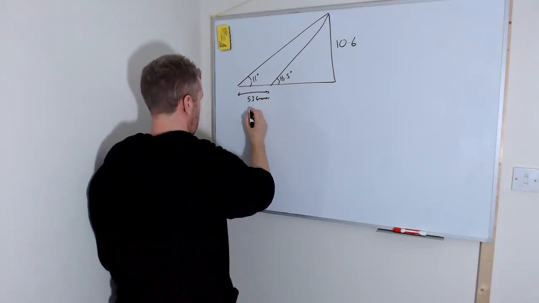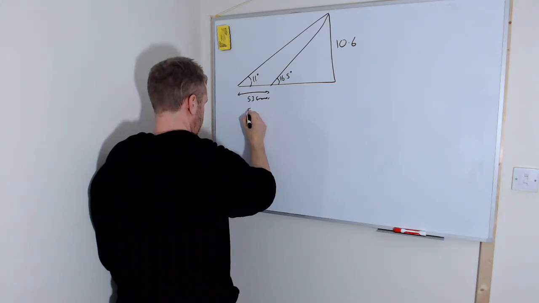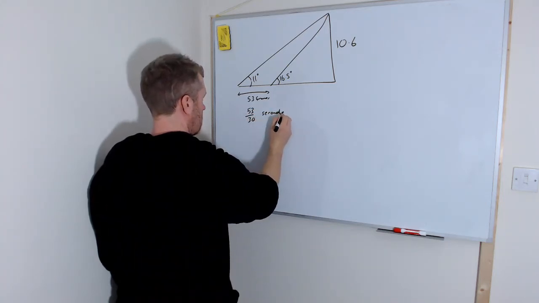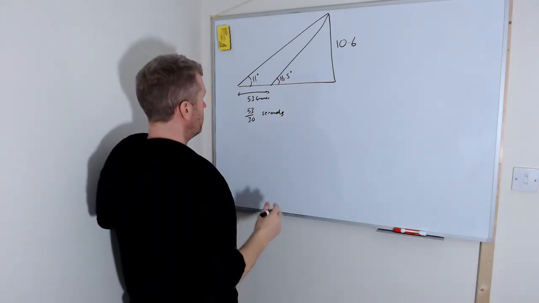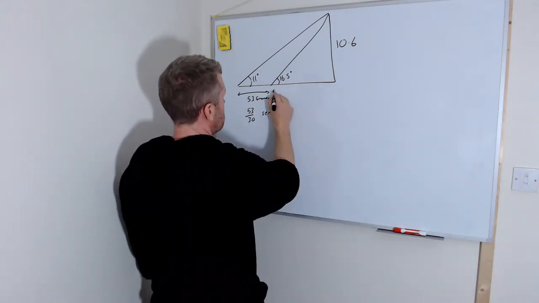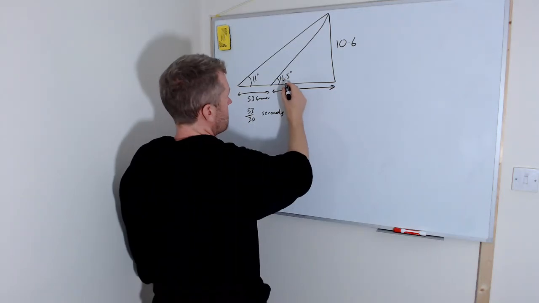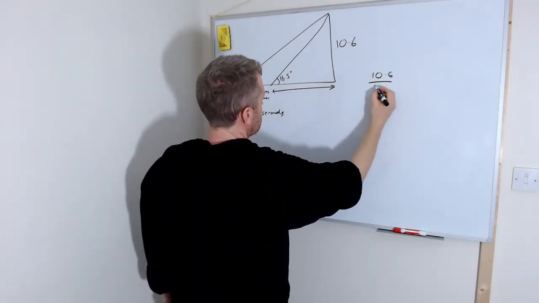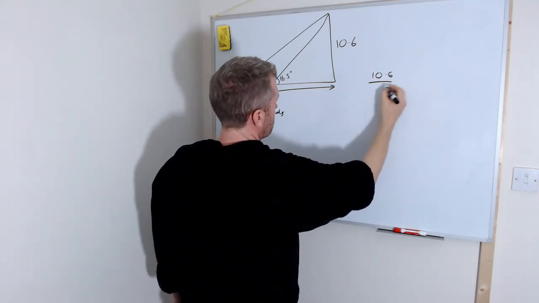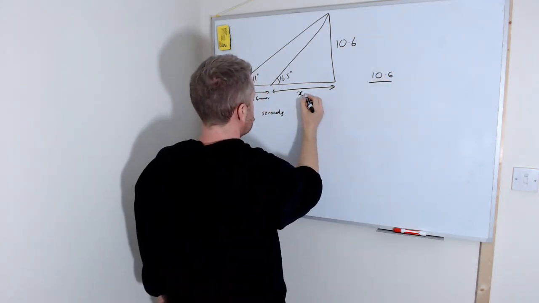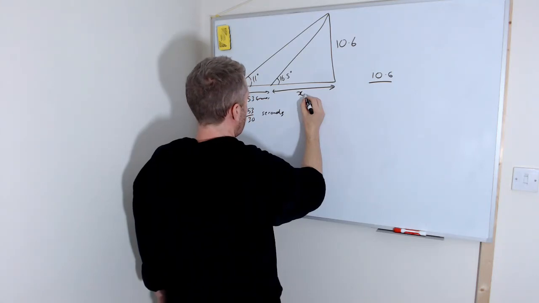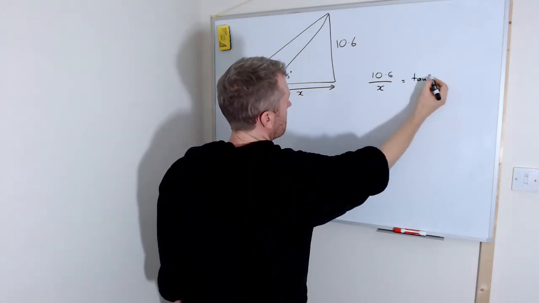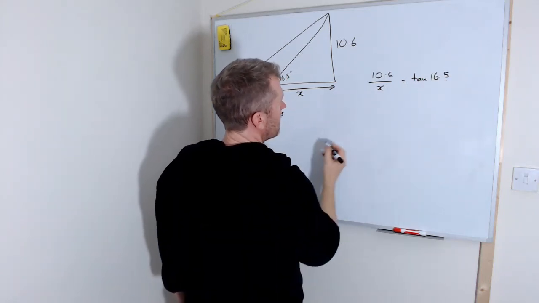This takes 53 frames. That is 53 over 30 seconds. We know this distance is 10.6. Sorry, we know 10.6 divided by this distance, let's call it x now, is equal to tan of 16.5.